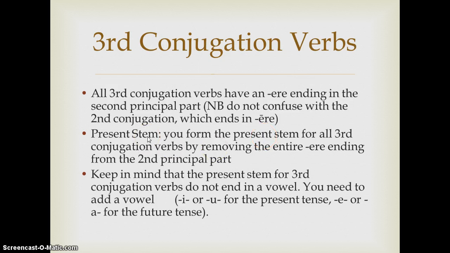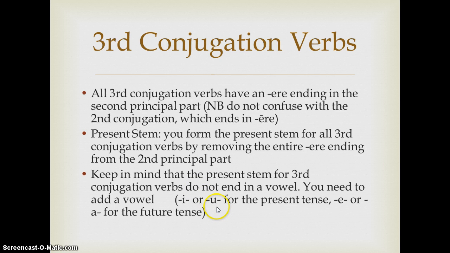Now, one of the main differences between how you form the first and second conjugation and how you form the third conjugation is how you get the present stem. For third conjugation verbs, you form the present stem by removing the entire ERE from the second principal part. That means that your present stem for the third conjugation verbs does not end in a vowel like they do for first conjugation and second conjugation.